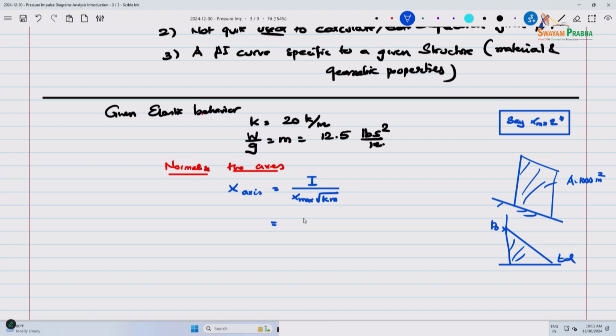So I is 1/2 P naught TD multiplied by the area, the force, divided by 2 inches times the square root of 20,000 psi multiplied by the mass, 12.5.